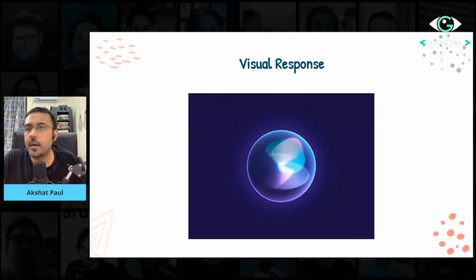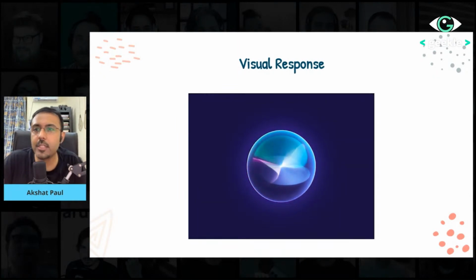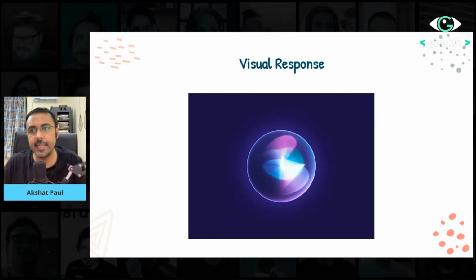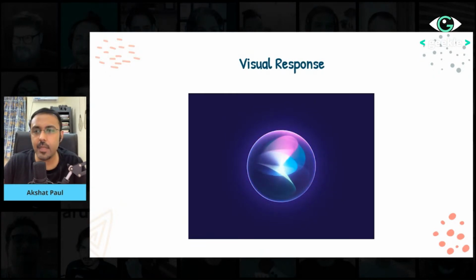Let's look at the next one. Here is a very popular animation, or micro interaction, of Siri, or even Google Assistant in the case of Android phones. Both work in pretty much the same way, and the way it interacts with the user is that the user says, "Hey Siri," and you see this animation of Siri which pops up on your screen.